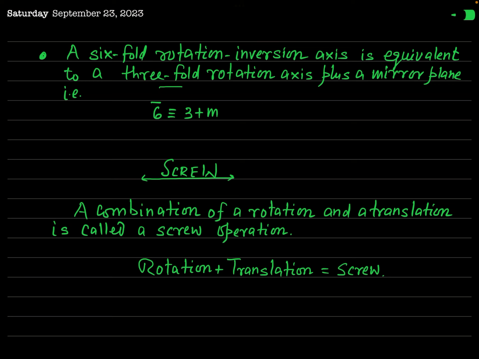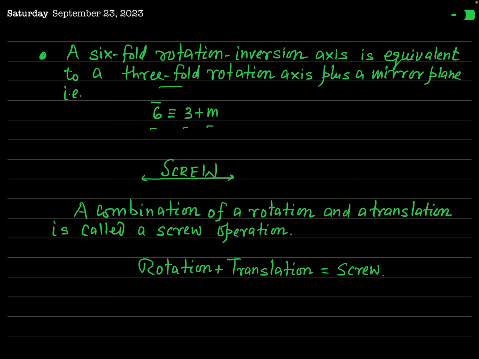So symbolically, 6 bar is equivalent to 3 plus M. This 3 represents the threefold rotation axis, and M represents the mirror plane. Okay. So these were some important facts.